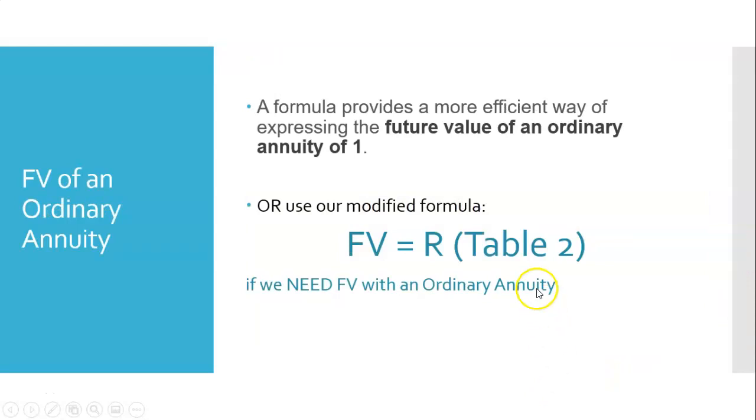We're going to be using table 2. Here's our formula. We want to know future value, so we're going to say future value equals R, that's the rents, times table 2.